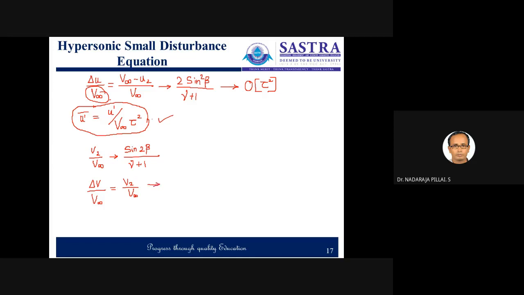So finally, this can be written in terms of the order of tau. So for non-dimensionalized perturbation velocity, that is V dash, we can write this as V dash by V infinity tau.